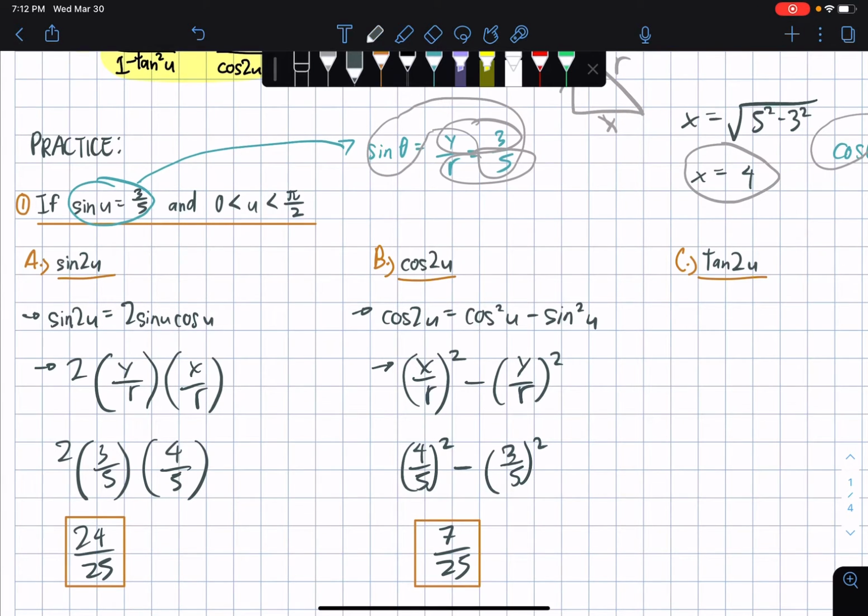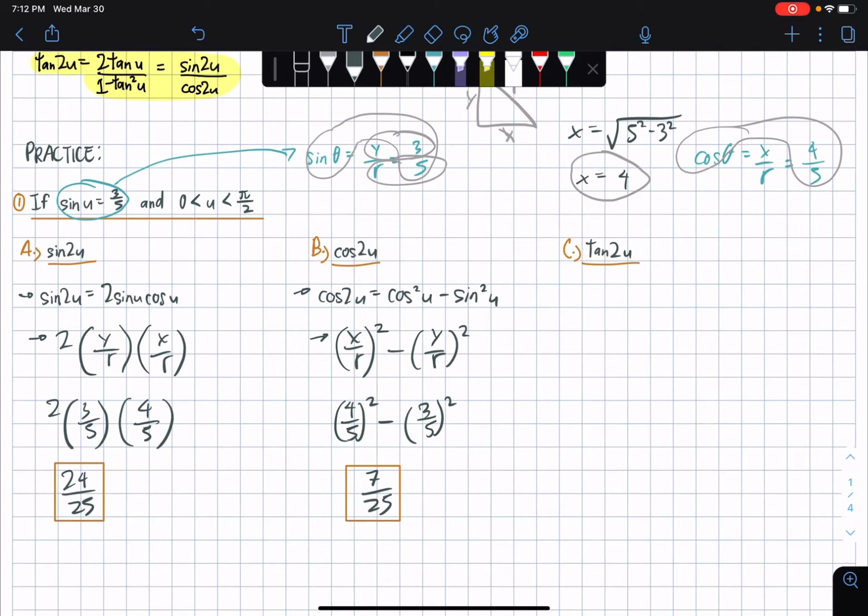Still a proper fraction. For letter C, tangent 2u. Basically, for tan 2u, it's the combination. Provided that you've already solved for sine 2u and cos 2u, you'll divide both of them together in a way as shown here.